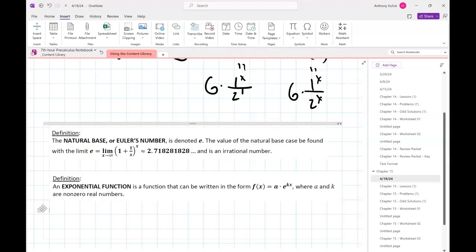Now, notice that I am not talking about how to go from y equals a times b to the x to y equals a times e to the kx. Not talking about how to do that. I just want you to appreciate that we can if we wanted to. We're not going to talk about how, though.